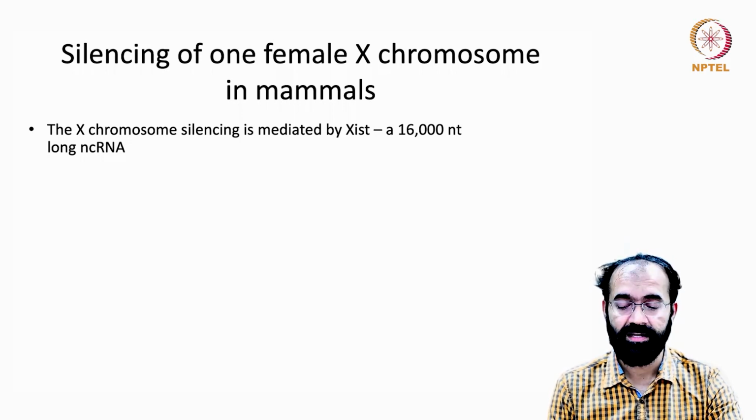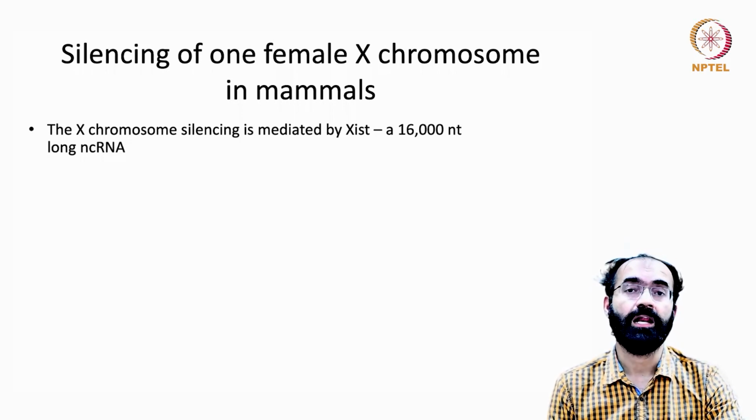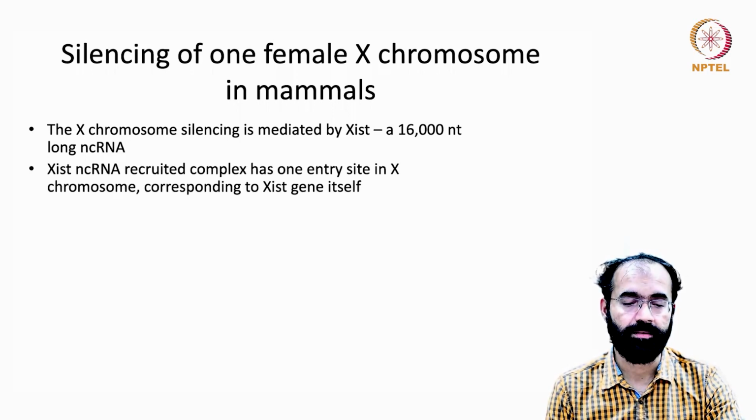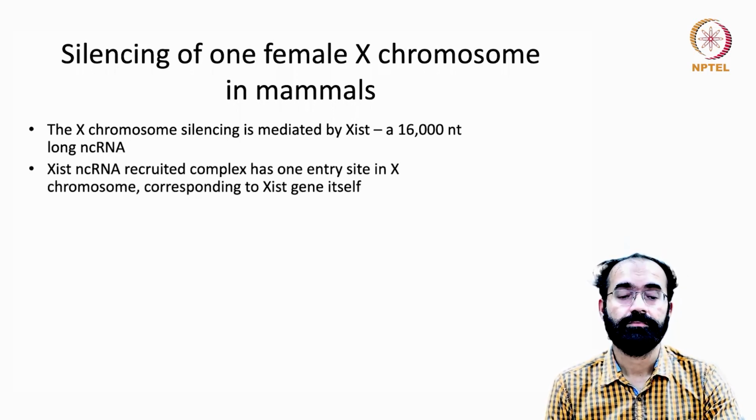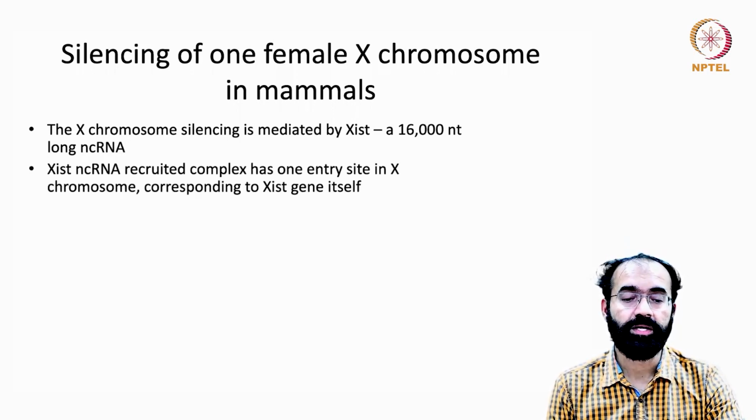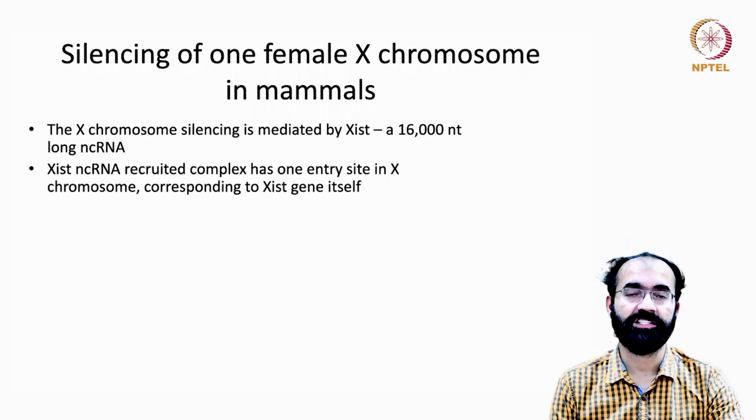So naturally it is considered an lncRNA, long non-coding RNA. So Xist non-coding RNA is recruited, and this complex has one entry site in the X chromosome corresponding to the Xist gene itself. So how does this function?